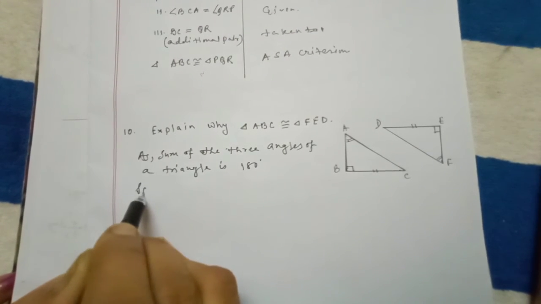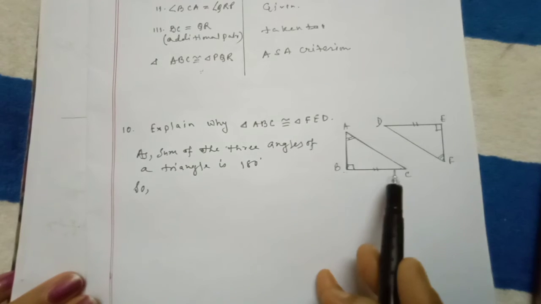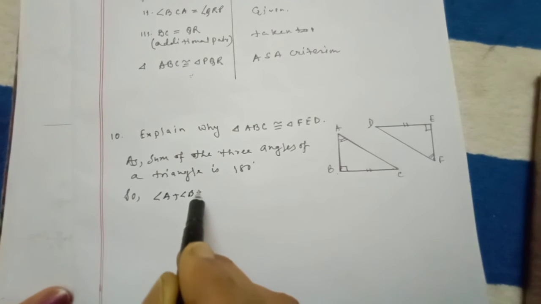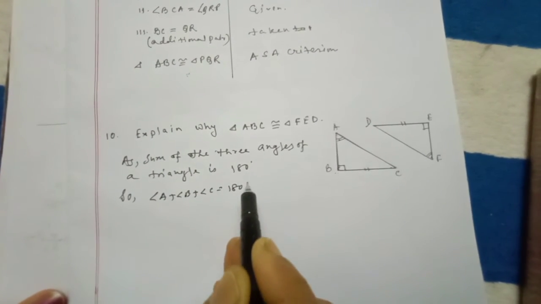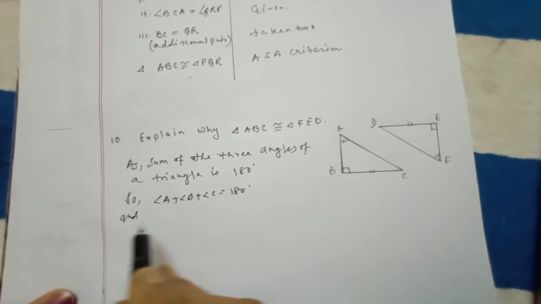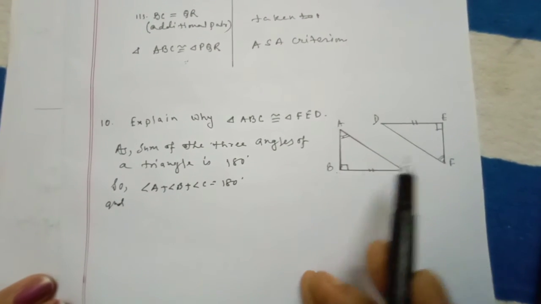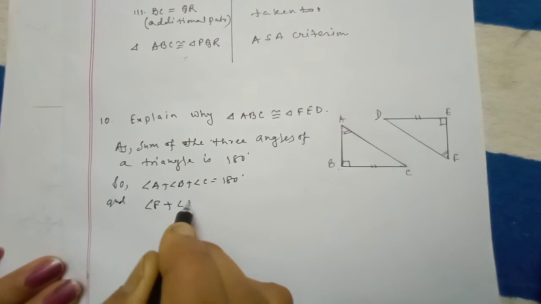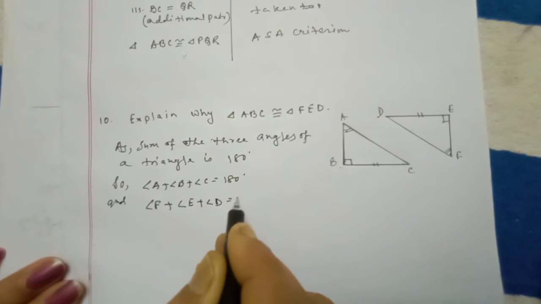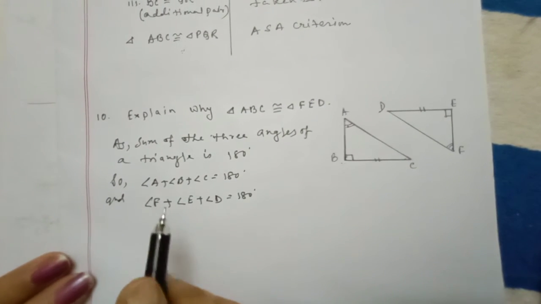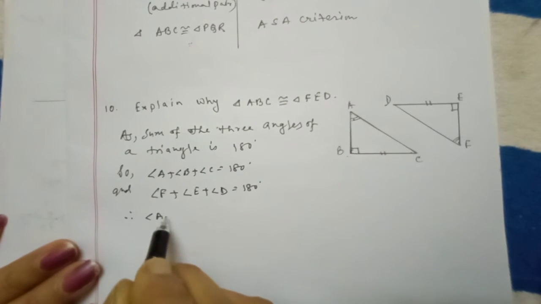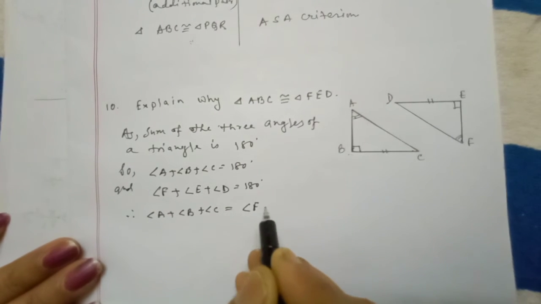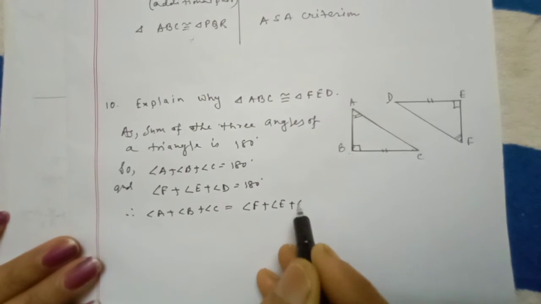So we can write that angle A plus angle B plus angle C is equal to 180 degrees, and angle F plus angle E plus angle D is also equal to 180 degrees. Therefore angle A plus angle B plus angle C equals angle F plus angle E plus angle D.